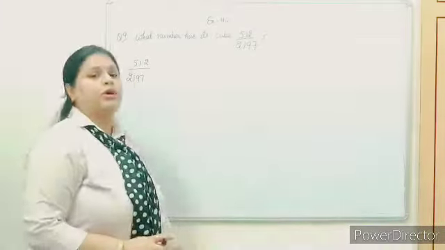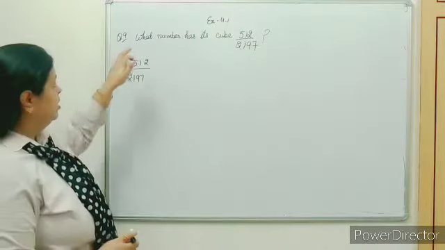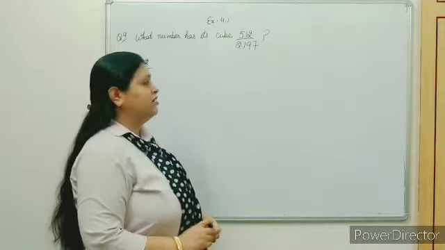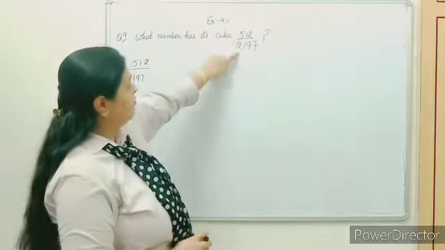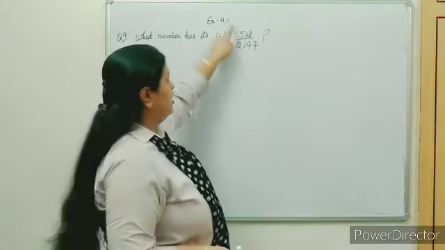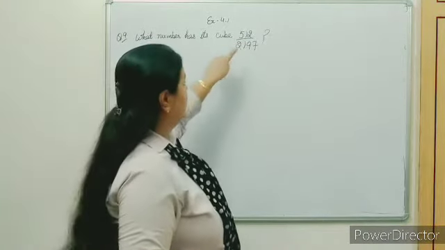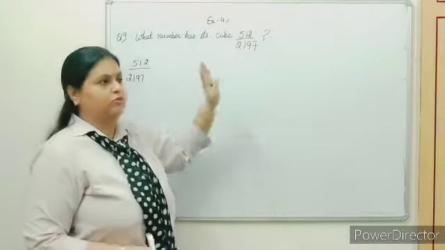Last question that I am going to explain of this exercise 4.1 is question number 9. What number has its cube 512 by 2197? Now it is a rational number. We have to tell which rational number this is the cube of. So what we will do?